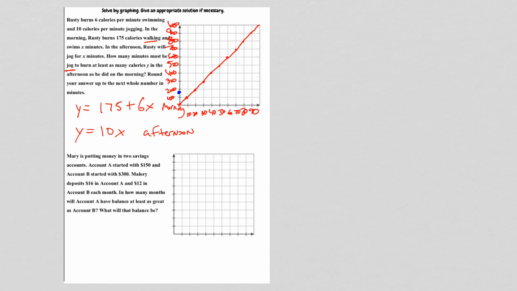And one thing you can do is you can figure out, well, what's the point when x is 100? You can have 600 plus 175. That's 775. So it's going to end right around there. And hopefully you can see right around here the two lines meet.